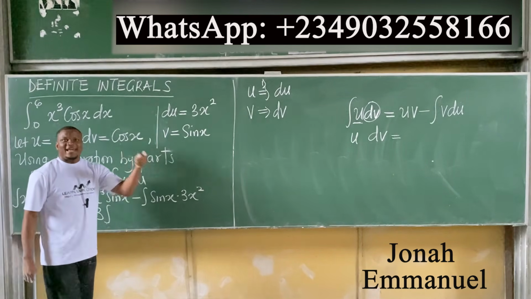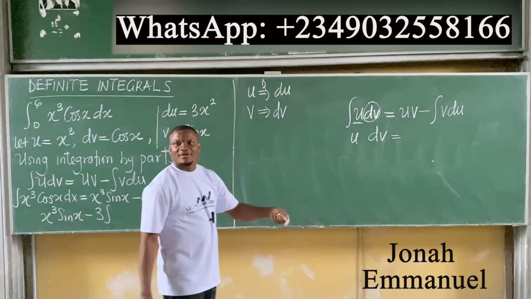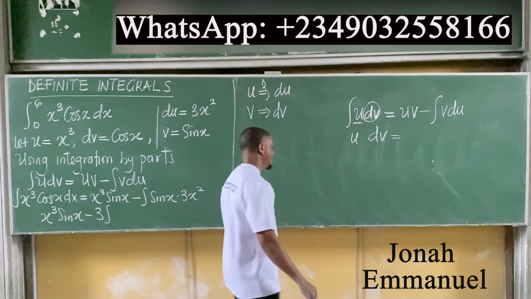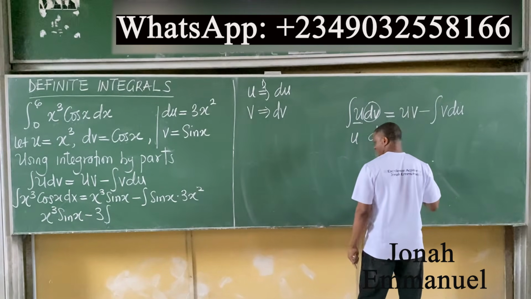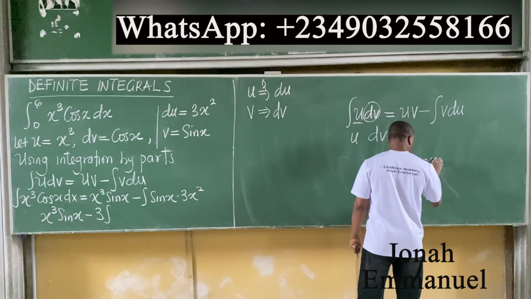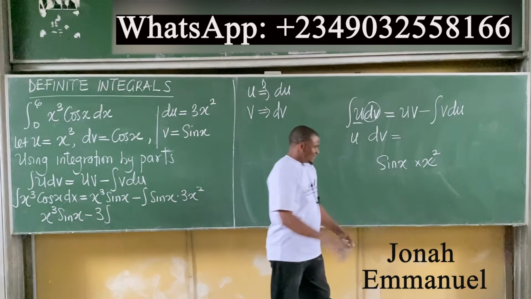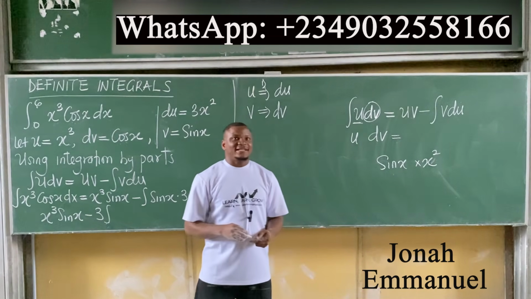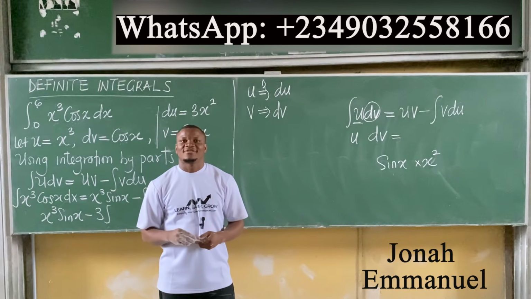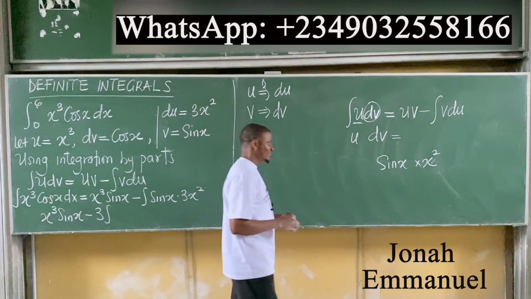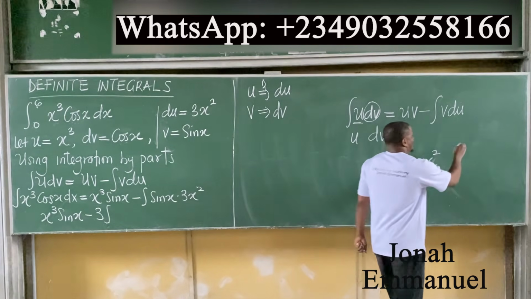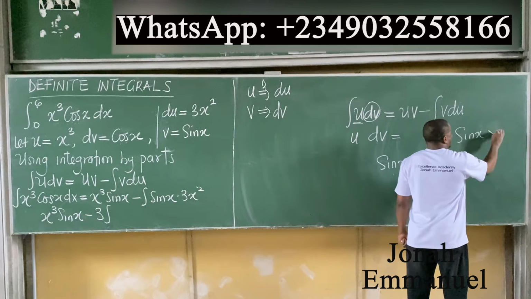Sine x times x squared gives you what? Sine x cubed? Sine x times a.